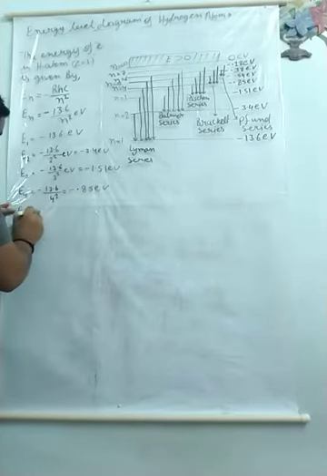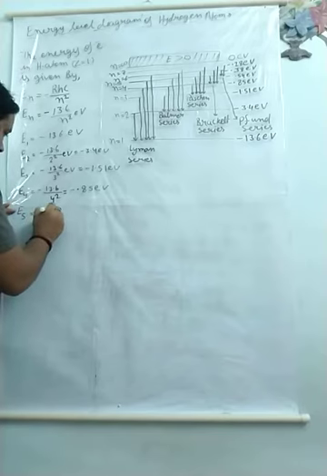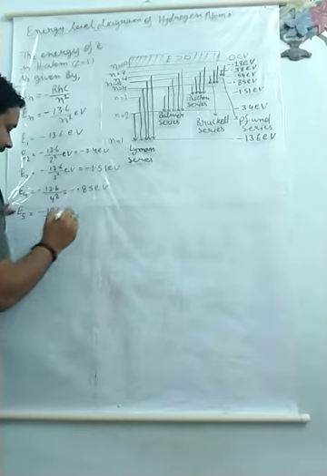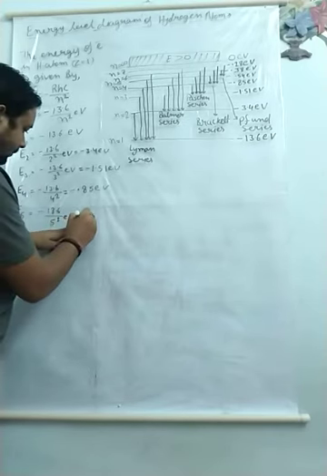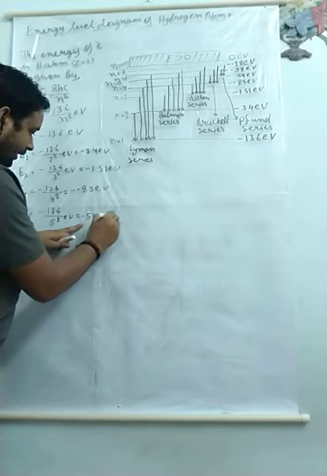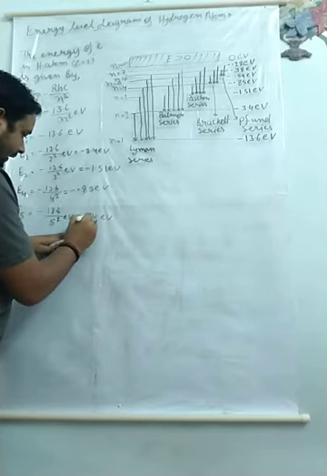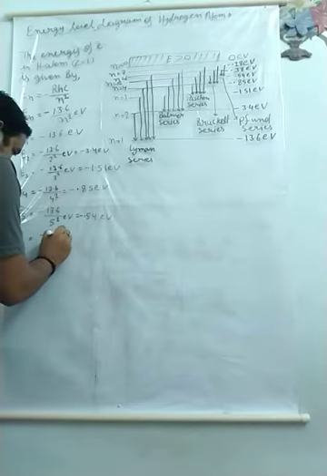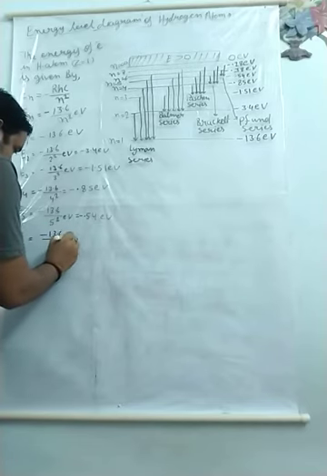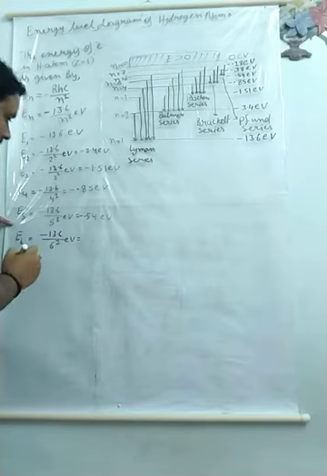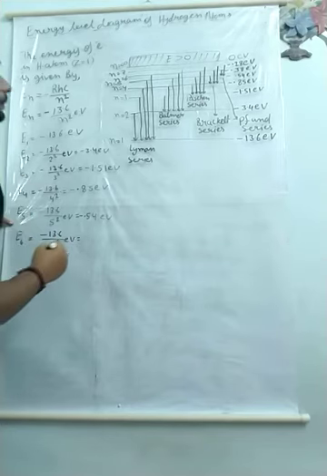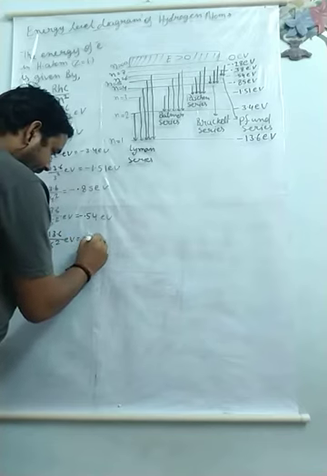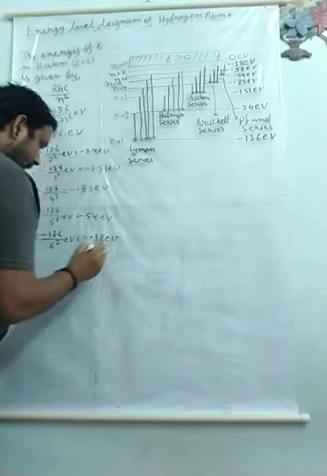And for n equal to 5, minus 13.6 upon square of 5 electron volt is calculated as minus 0.54 electron volt, also negative. And for n equal to 6, minus 13.6 upon 6 square electron volt is calculated as minus 0.38 electron volt.